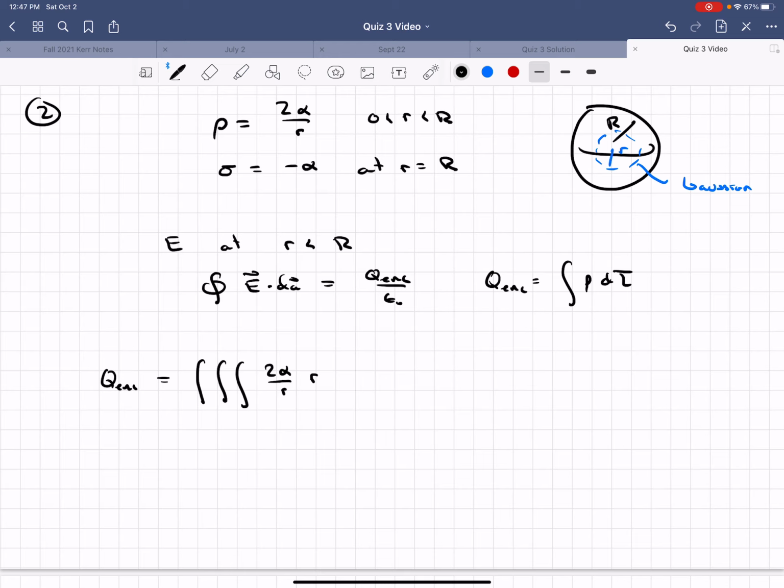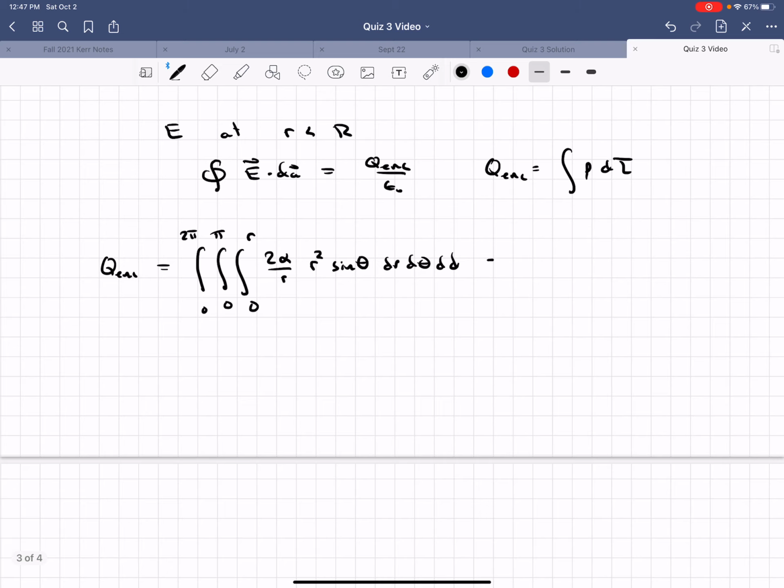D tau in spherical coordinates is r squared sine theta dr d theta d phi. The r integral runs from 0 to r because I only want to enclose the charge out to my Gaussian surface. The theta integral runs 0 to pi, and the phi integral runs from 0 to 2 pi.